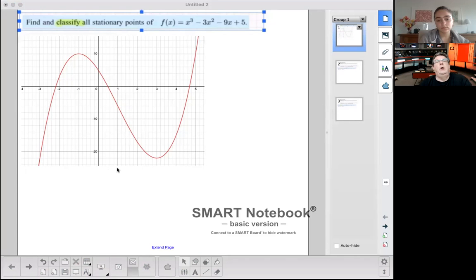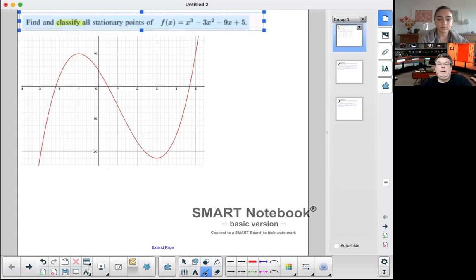Okay. All right. So basically the stationary points is where the slope of the tangent line to the curve is equal to 0. Which means the slope of the curve at that particular point is also 0.